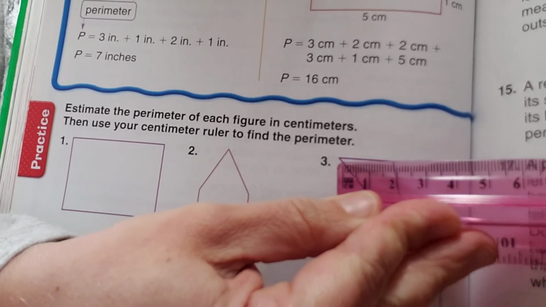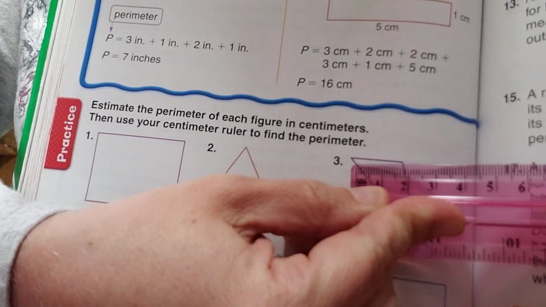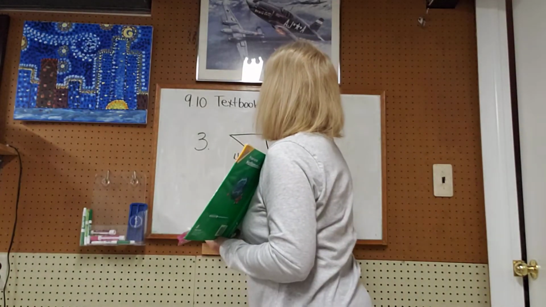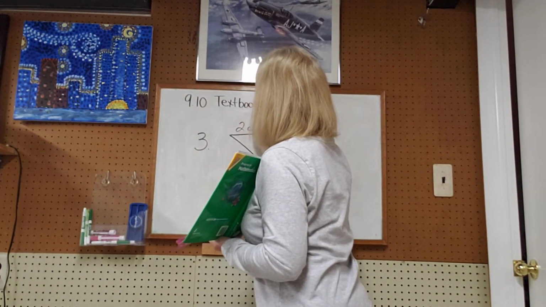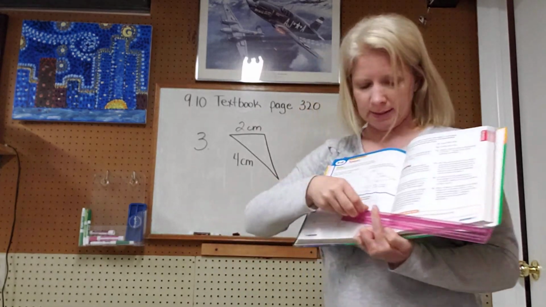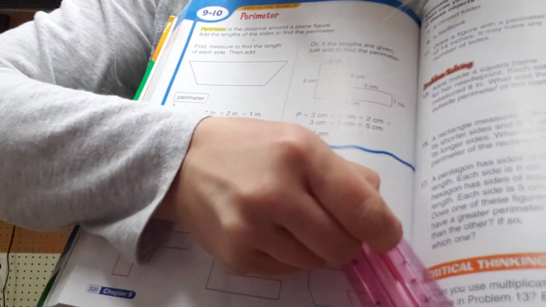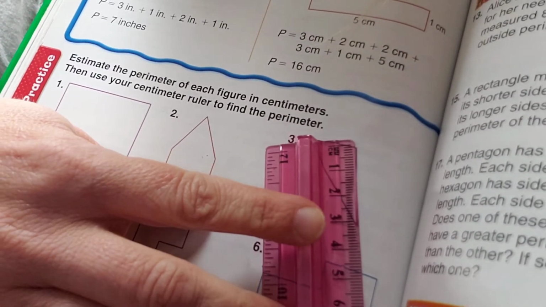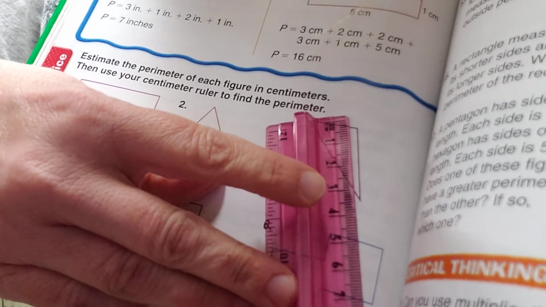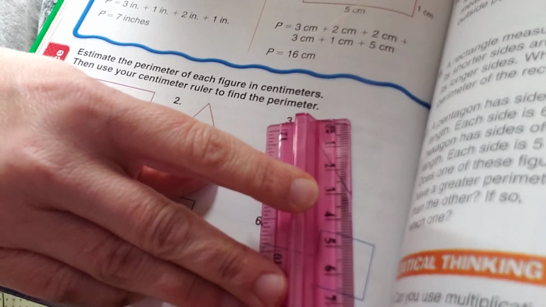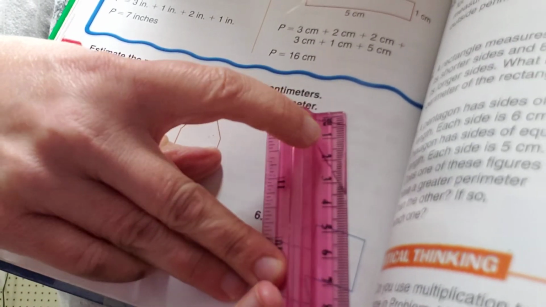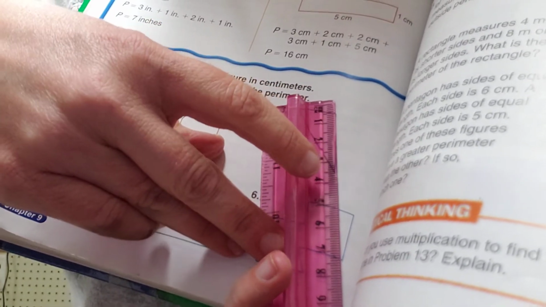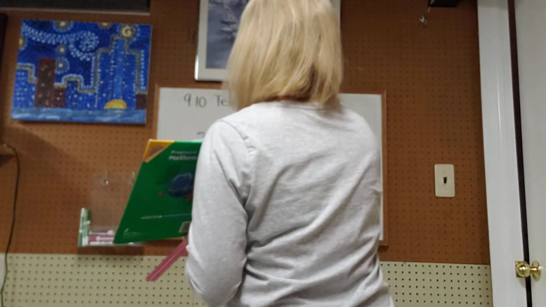The top, I would say, measures to about 2 centimeters. And let's do the last side. And that's going to measure into about 3. That side over there measures to about the 3. So about 3 centimeters for this side.